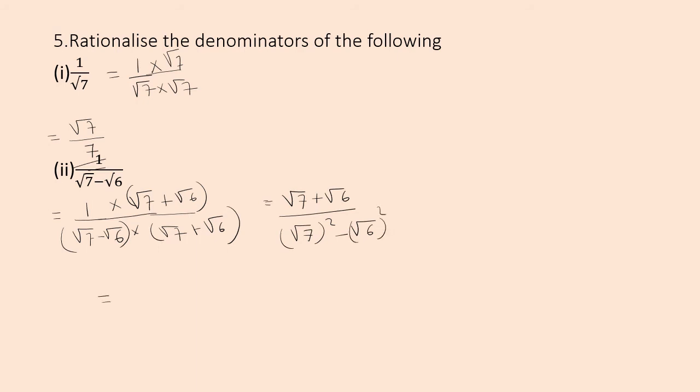That is equal to root 7 plus root 6 upon 7 minus 6, which is 1. You can write it as root 7 plus root 6. The denominator is 1, and 1 is a rational number.